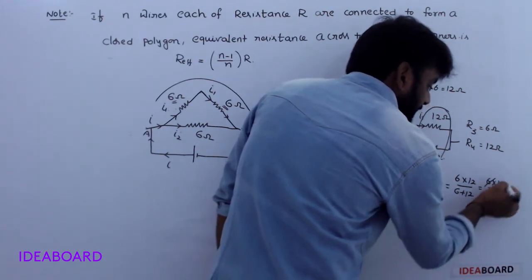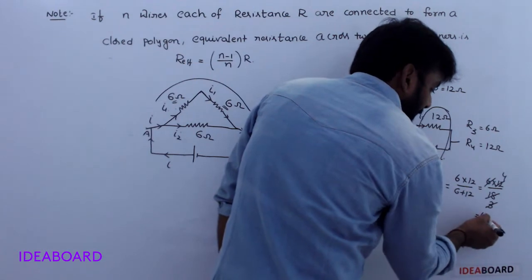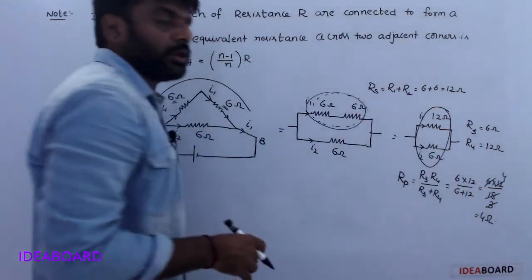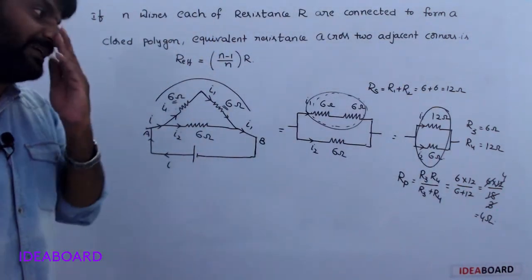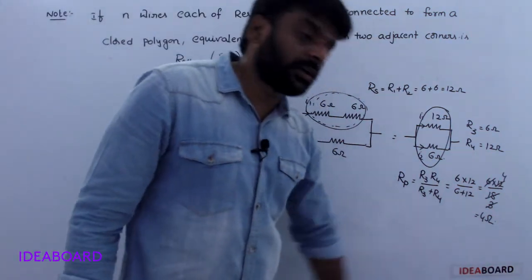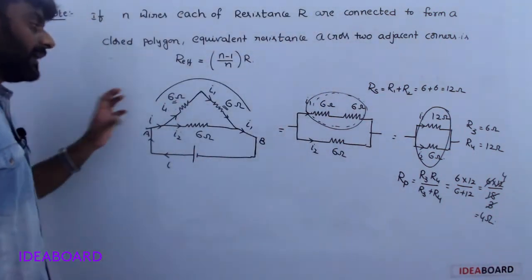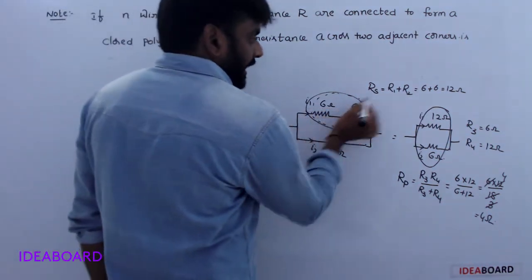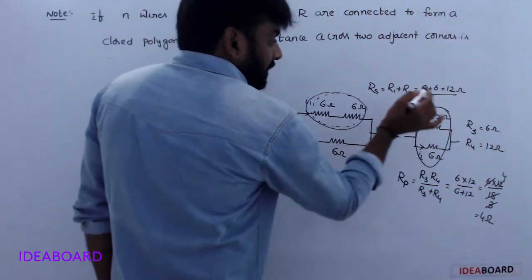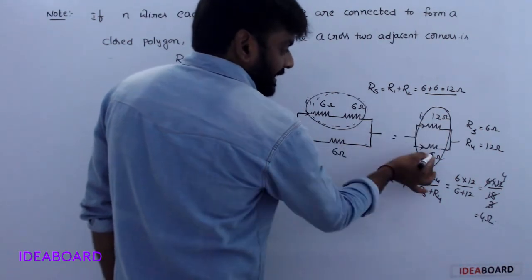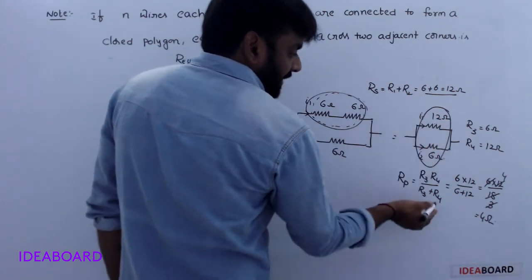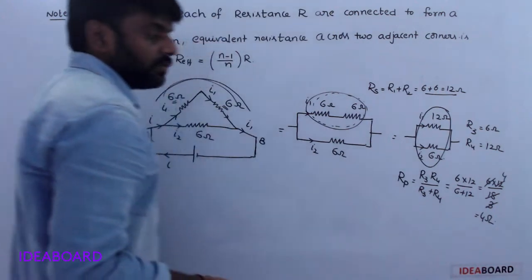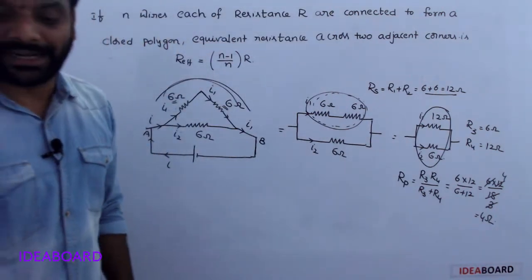Here 3 times 3, here 4. That means the effective resistance is 4 ohms. In the general method, the effective resistance is 4 ohms. First of all, these two are in series, effective 12. That 12 ohm is in parallel with the 6 ohm. After simplification, the final resultant is 4 ohms.